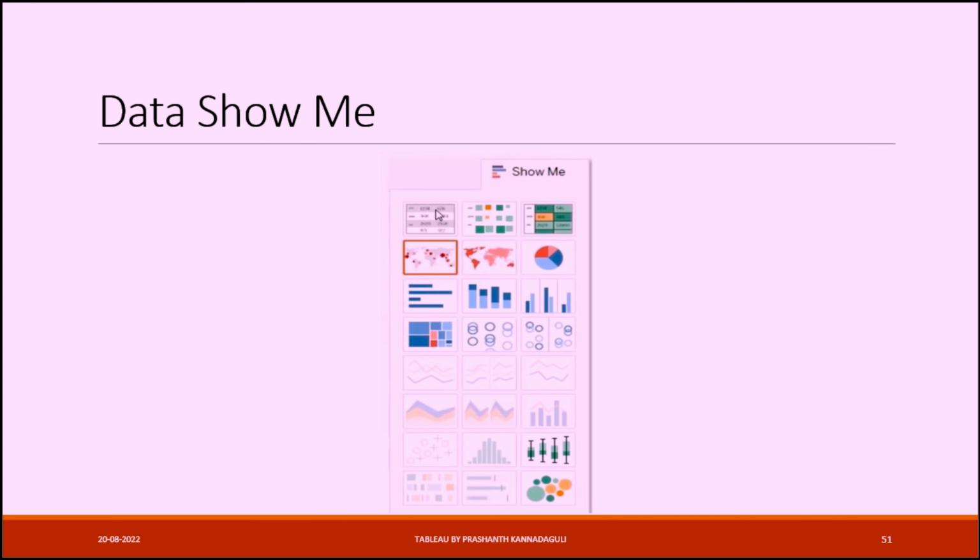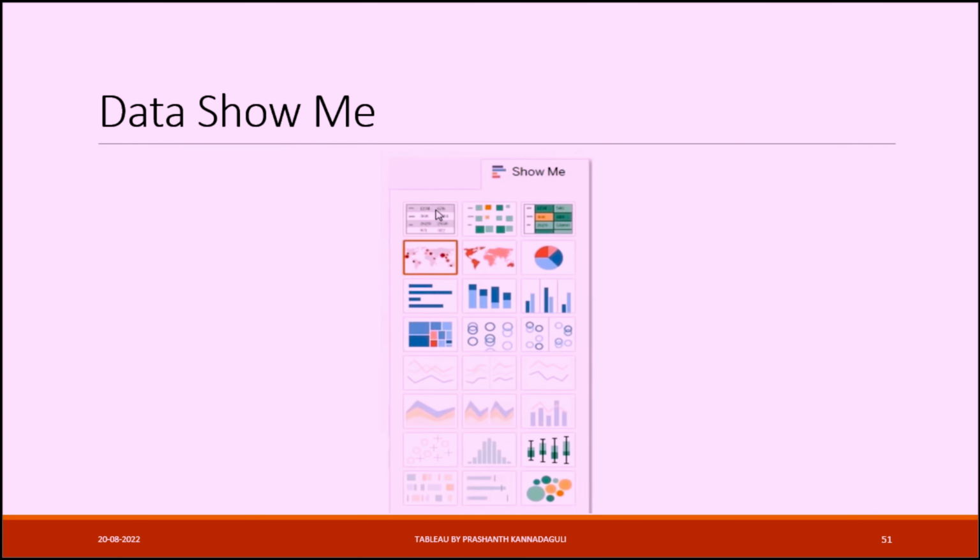Whatever is enabled, you can click on so that the visualization comes. This is very handy. I find this particular feature very interesting because you don't have to think about which one to plot or how to go about it. Simply select that and it will plot.